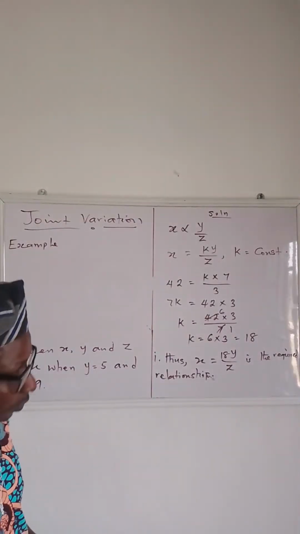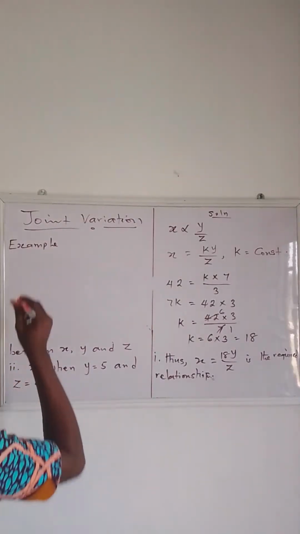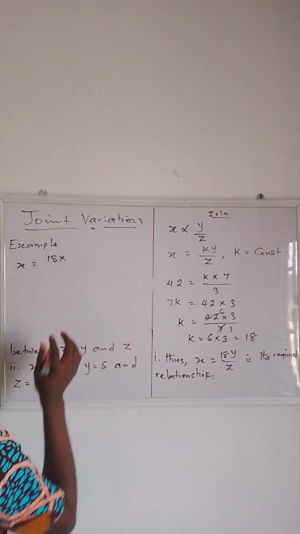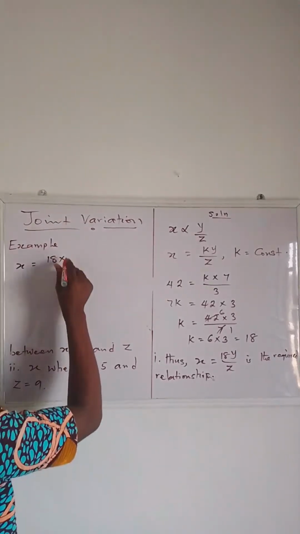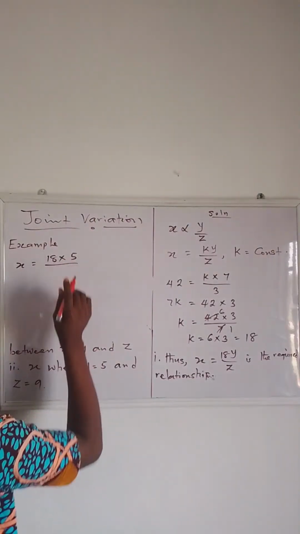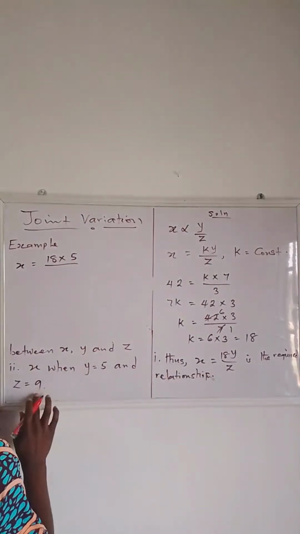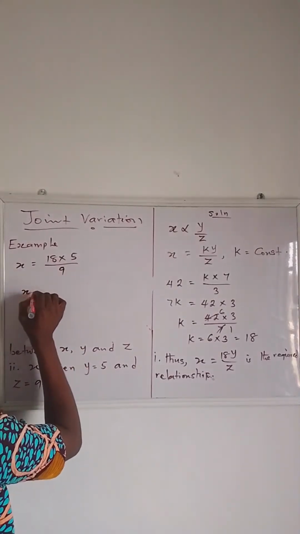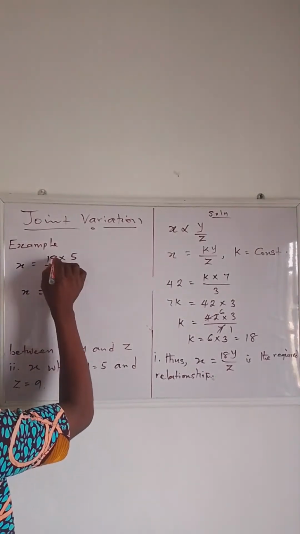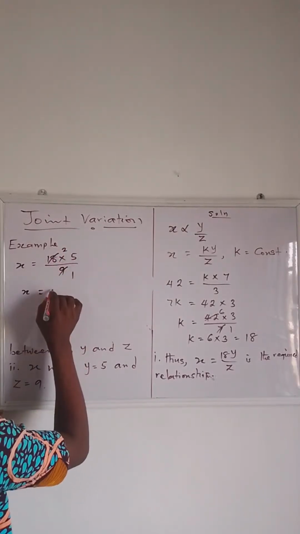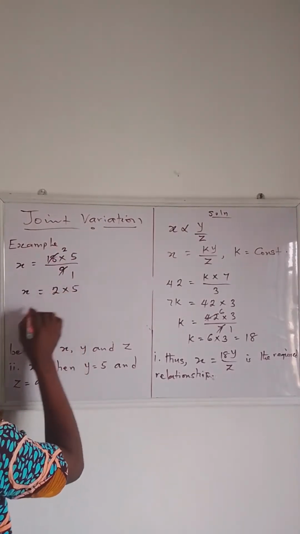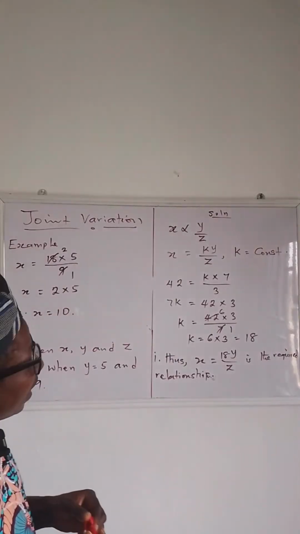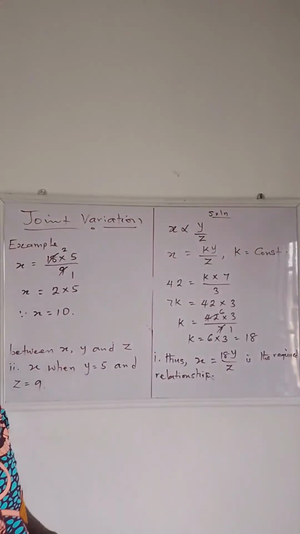If you substitute, you have X equals 18 times 5 over 9. 9 goes into 9 once, and 9 goes into 18 twice. You have 2 times 5. Therefore, X equals 10. So that is the answer to the second part of the question.